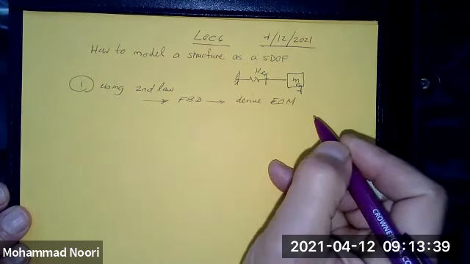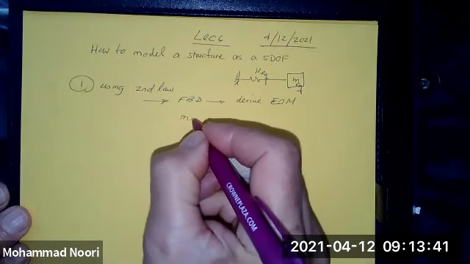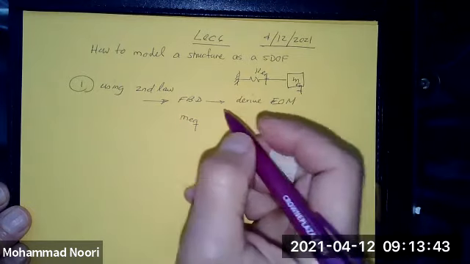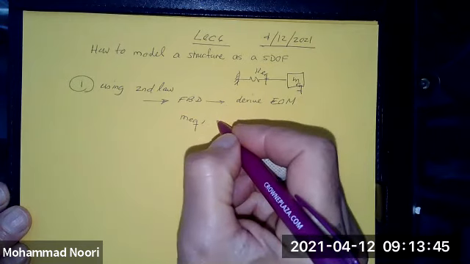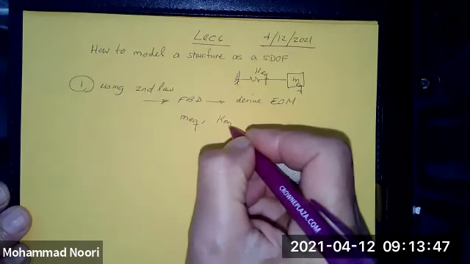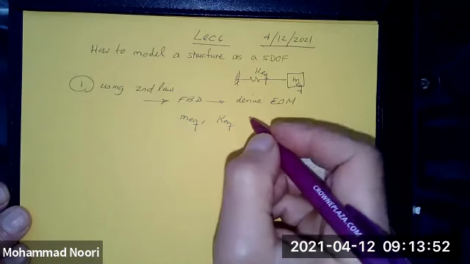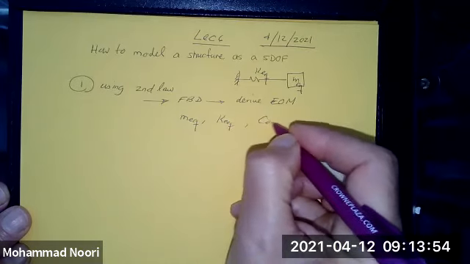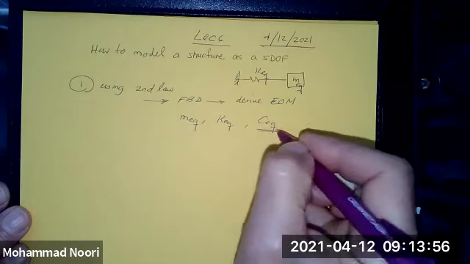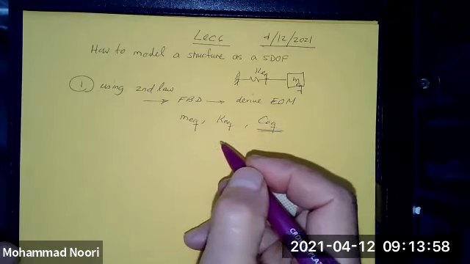And by setting up the equation of motion, whatever is the coefficient of the acceleration term is the equivalent mass, whatever is the coefficient of the displacement is k. And even if you have damping, whatever is the coefficient of u dot is that damping coefficient, right?